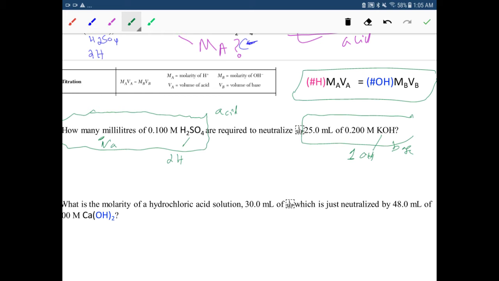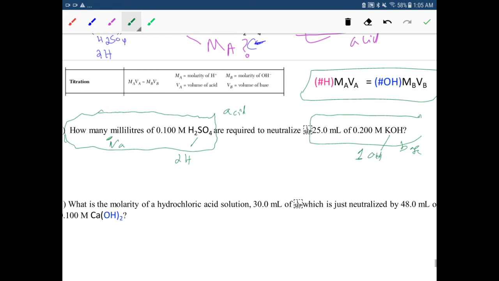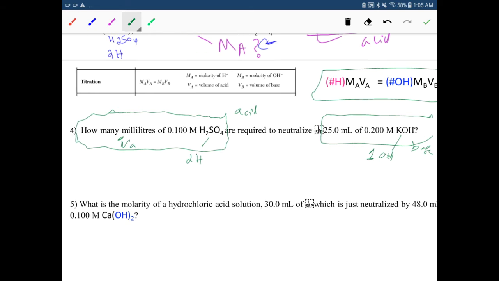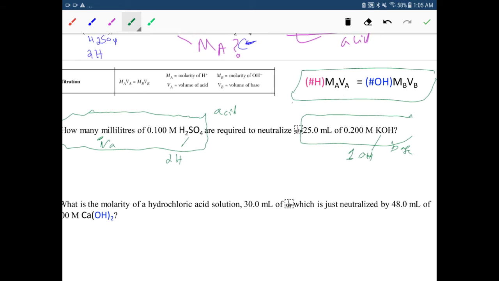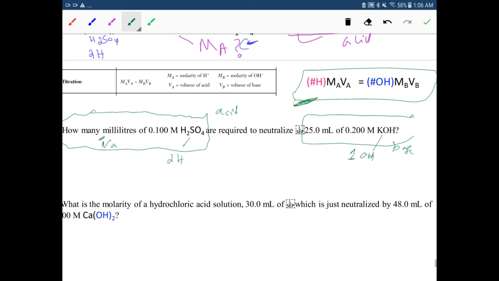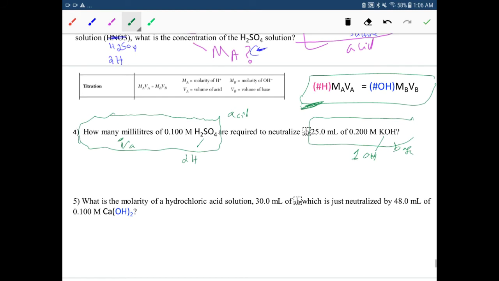Alright, let's start. We're using this formula: number of H times MAVA equals number of OH times MBVB. I'm not going to rewrite it because I don't have enough space here, but you see it right here. Number of H's is the subscript of 2, so it's going to be 2.